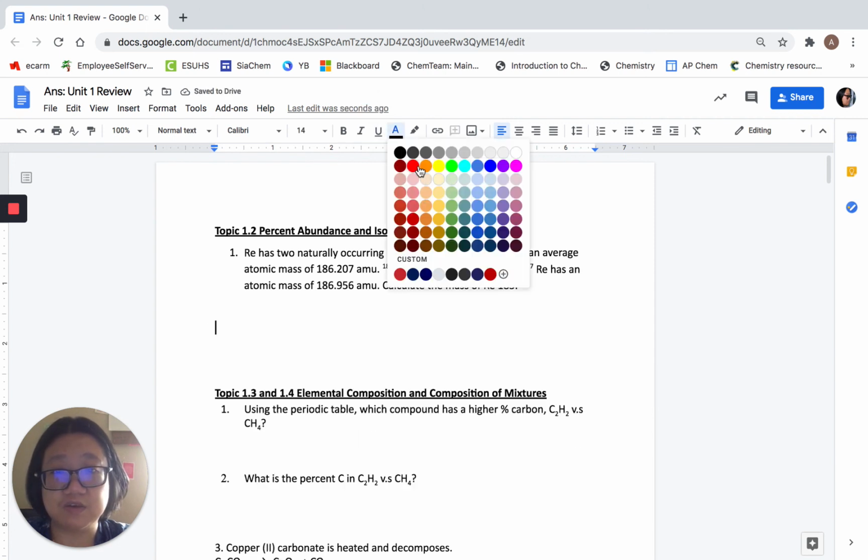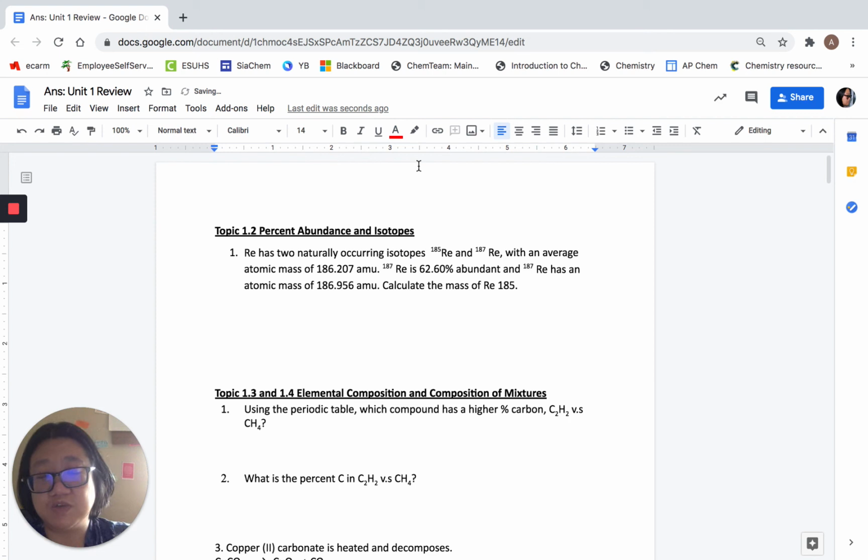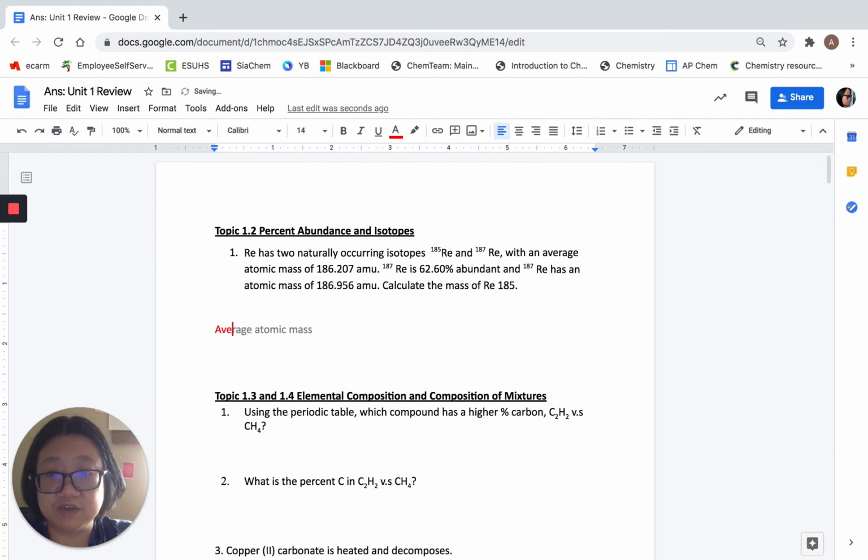Okay, so first things first, this question is talking about the average atomic mass of Re. So when you find an average atomic mass of Re, the regular Re versus the Re-specific one, that is going to be equal to the mass of the Re-specific one.